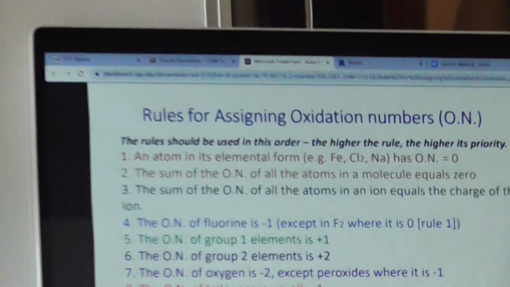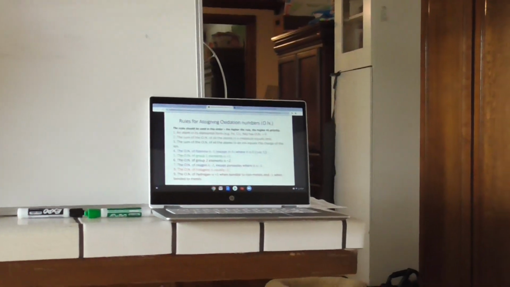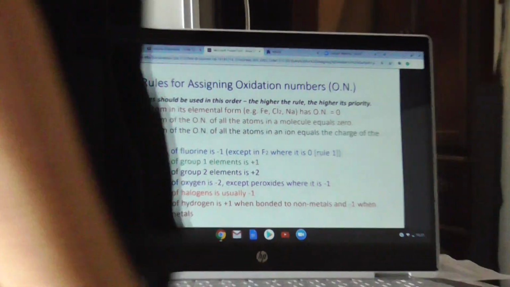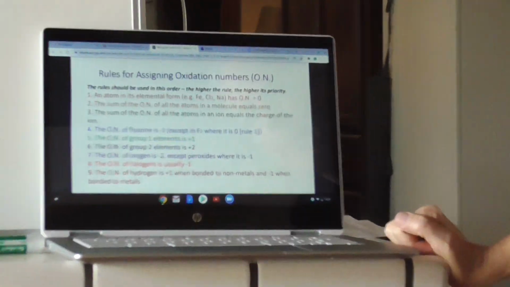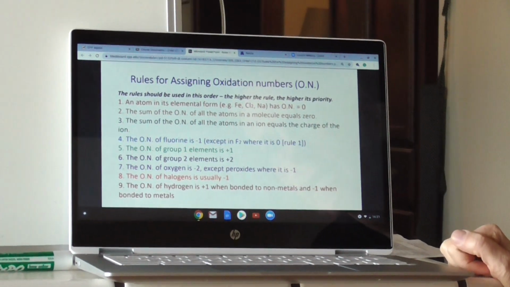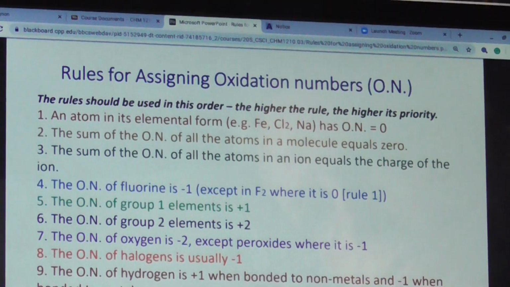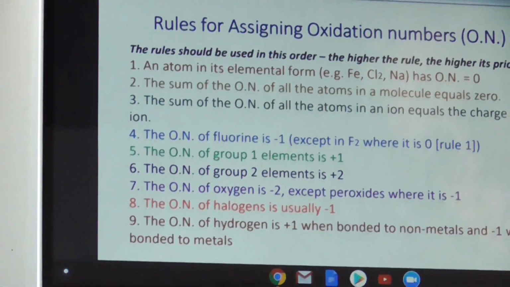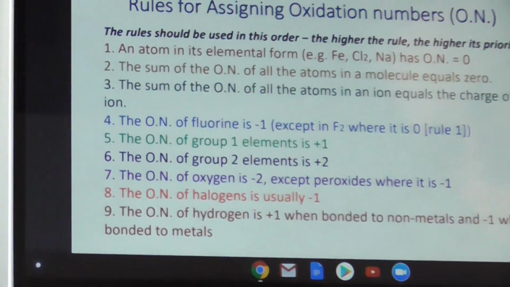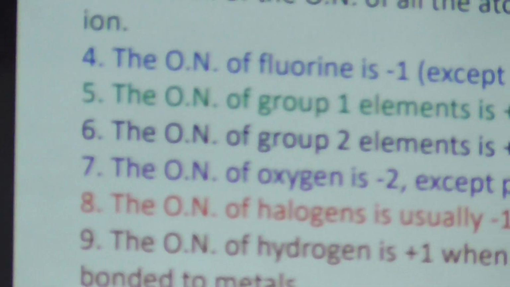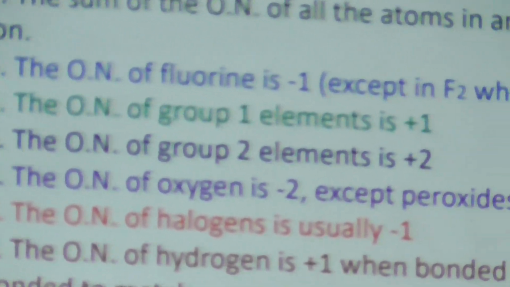So let's do an example of rule number 7. Rule number 7 is for oxygen.